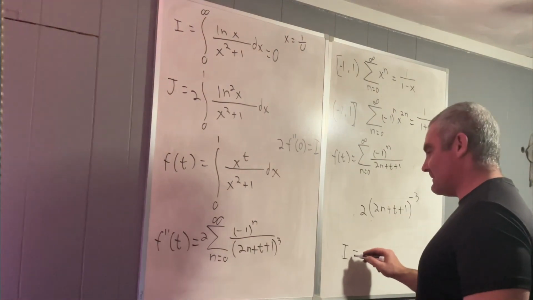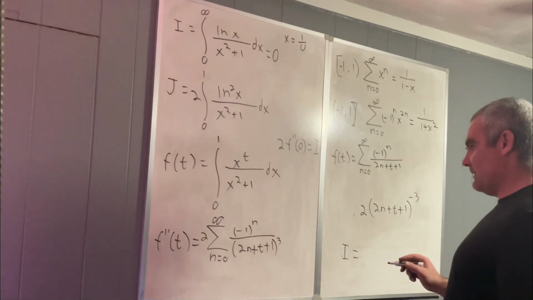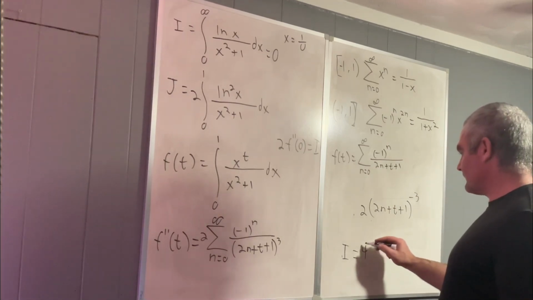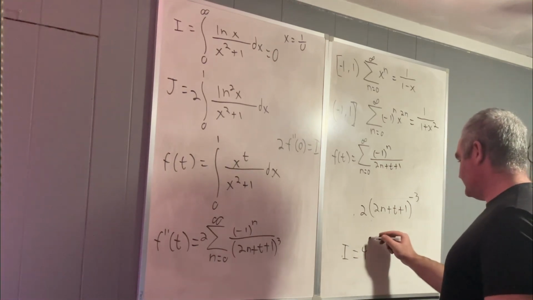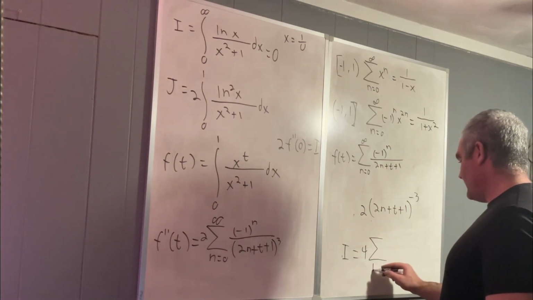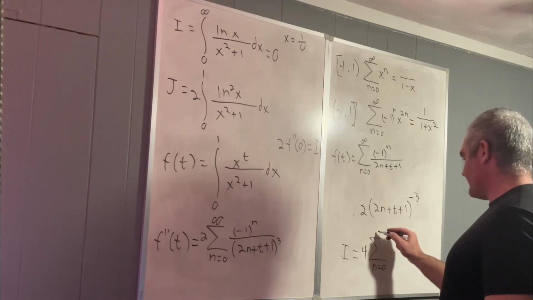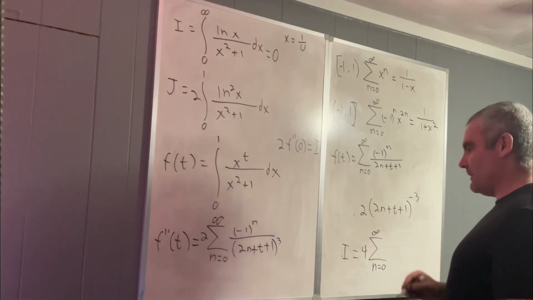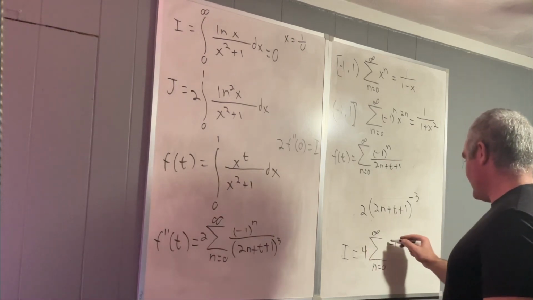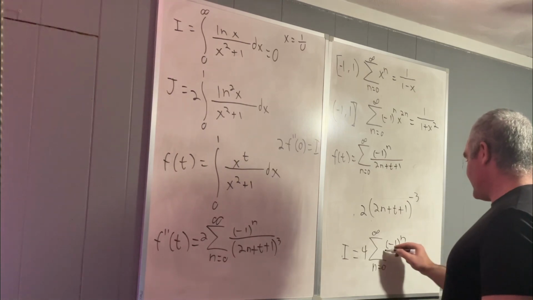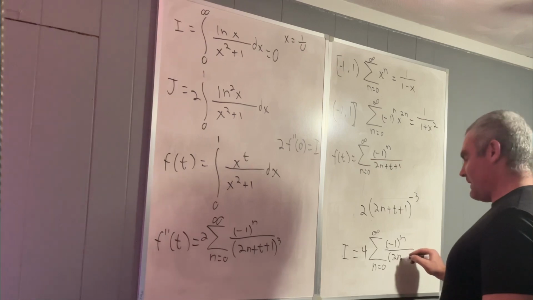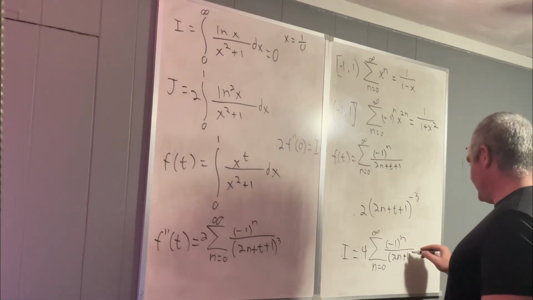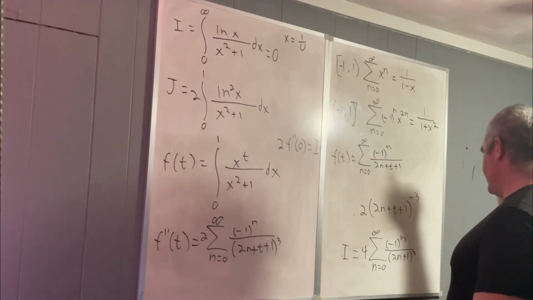So I is equal to, let's see, 4, that comes from this 2 times 2, times the sum from n equals 0 to infinity of -1 to the n over 2n plus 1 cubed.